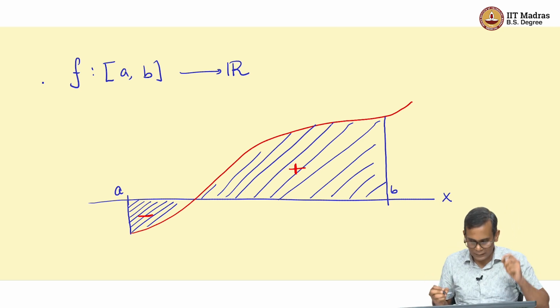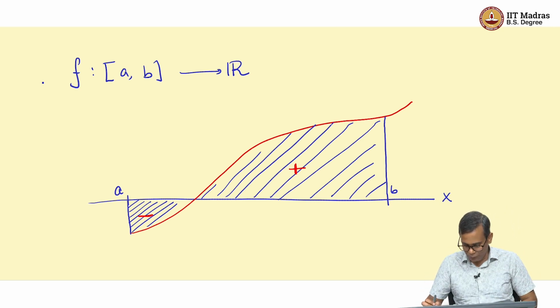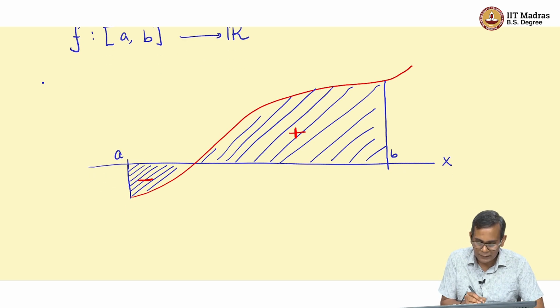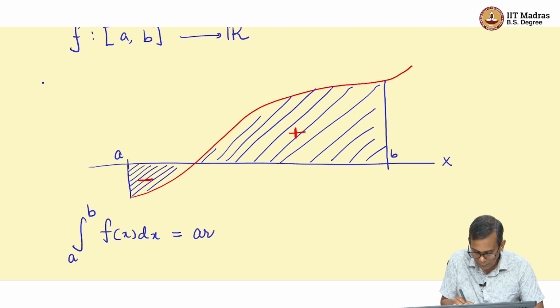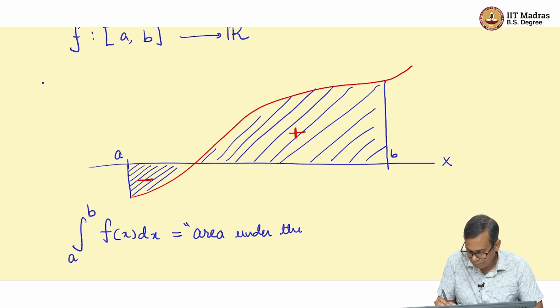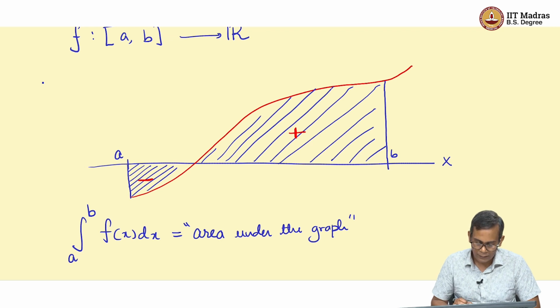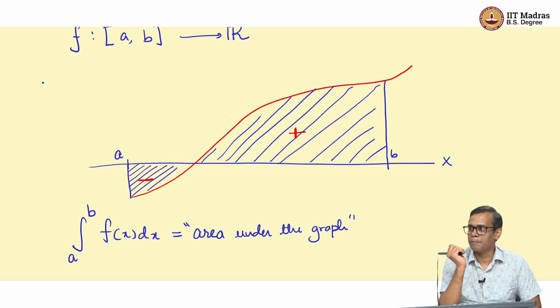So what we want to do is develop a technique to compute this kind of an area, and the resulting area is going to be called the integral from a to b of f(x) dx. I'll just call it area under the graph for simplicity, but you need to understand that there's a sign involved. The area that lies below the x-axis comes with a negative sign, and the area that lies above the x-axis comes with a positive sign.